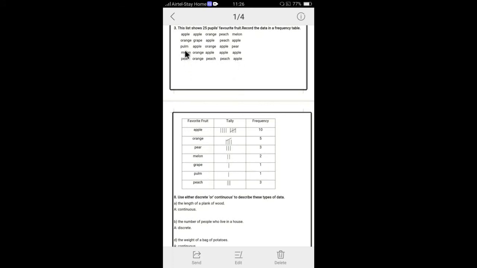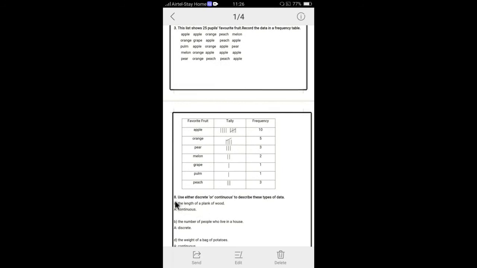Plum, 1 time is given. And the peach: 1, 2, 3 times. I think there's a little mistake over here. Let's see that. Yeah, that's okay, that's fine. So in this way we can complete this table.